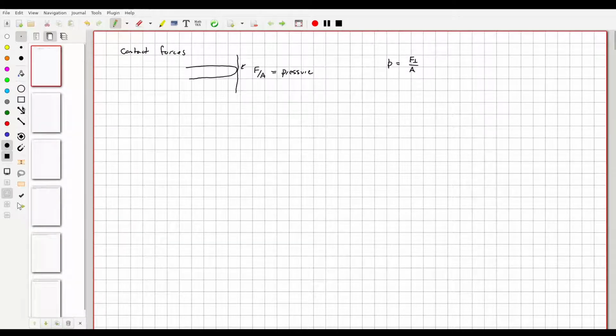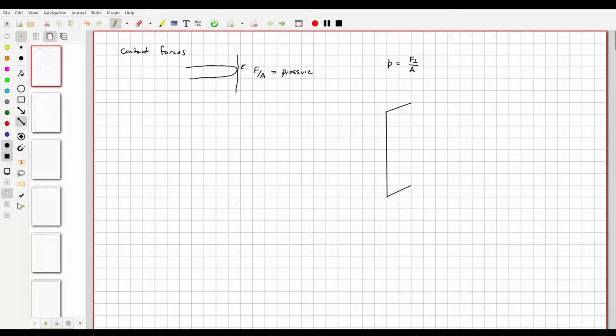So let's pretend that you have a sheet of material, and we're going to exert a force on it. So let's see. Maybe here's my sheet right here. I'm going to disregard thickness for the moment. We're just going to look at the surface. Whoops, that's a weird looking area.